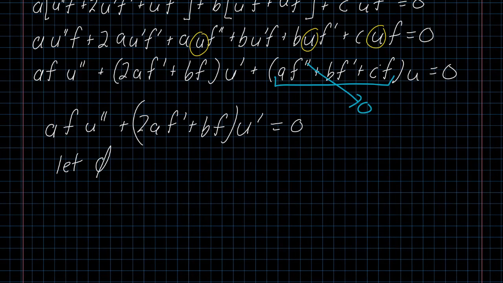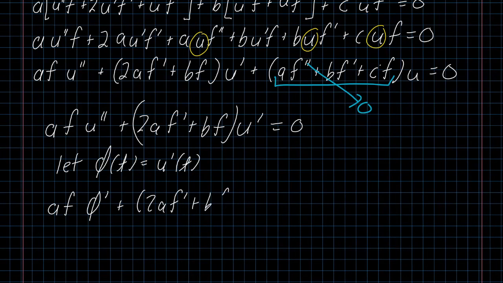I'm going to use the Greek letter phi. Let phi of t equal u prime of t. Then I have af times phi prime plus 2af prime plus bf times phi is equal to 0.